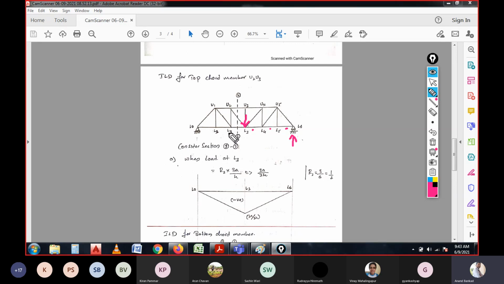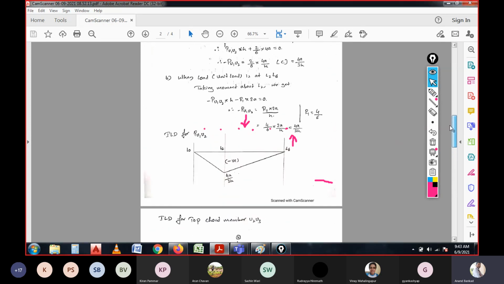1, 2, 3. So that means R2 is on the other side of the section, there are 3 parts, 3 by 6, and that will be 1 by 2. Just we are substituting 1 by 2 in the place of R2 in the previous expression.